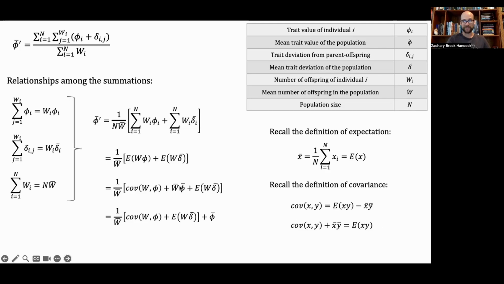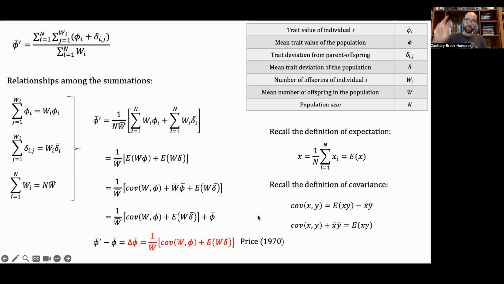Notice now that in the numerator we have this mean fitness, and then we also have mean fitness in the denominator. Since those are equivalent, that's just equal to 1, so we can get rid of that. We'll move this value to the outside to make it clearer, and that gives us this expression here, where we have the covariance of fitness and the trait, plus the expectation of the product of fitness and the trait deviation, plus the mean trait value.